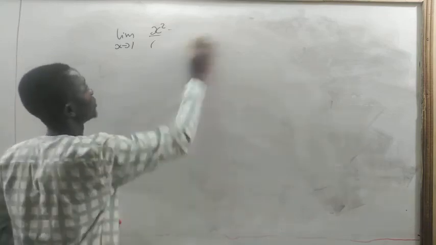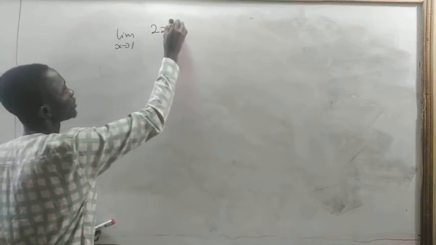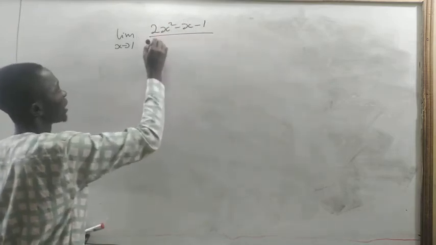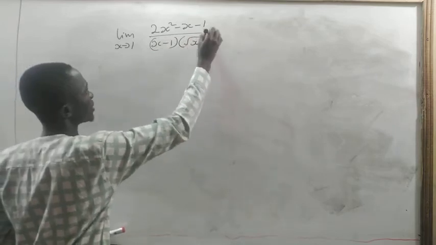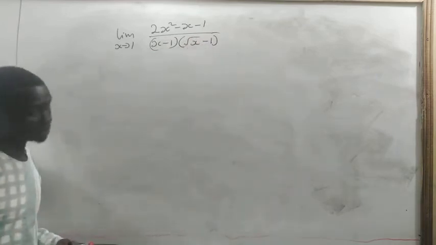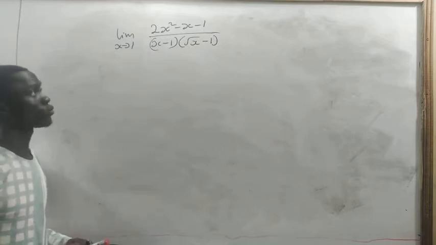That's not the question. The question is 2x squared minus x minus 1 divided by x minus 1 times square root of x minus 1. Yes. This is the question.